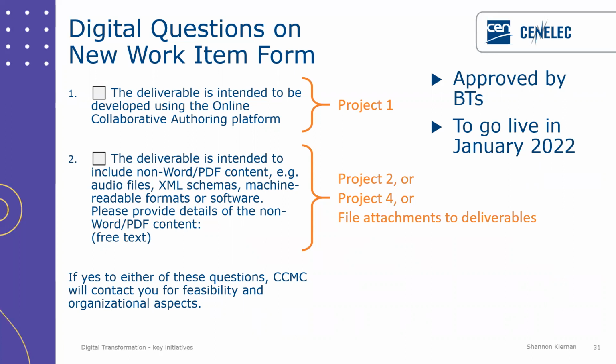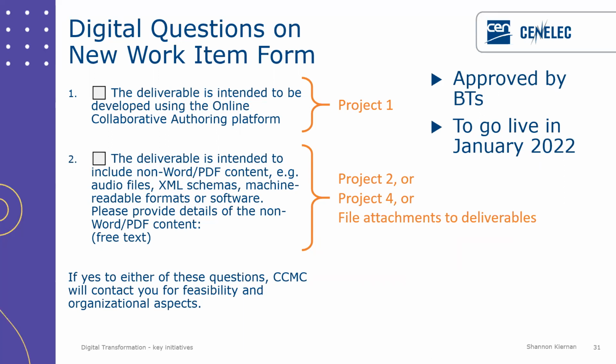This obviously relates to Project 1, online collaborative authoring. And the second one is the deliverable is intended to include non-Word or PDF content, for example, audio files, XML schemas, machine readable formats, or software. And so if they tick that one, then there's a free text paragraph. Please provide the details of that content.